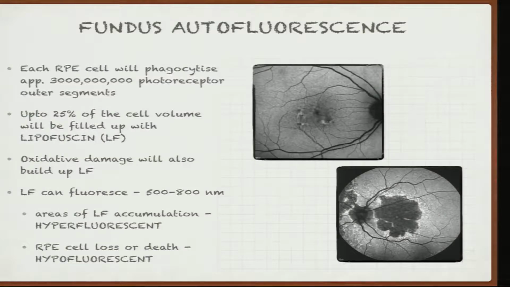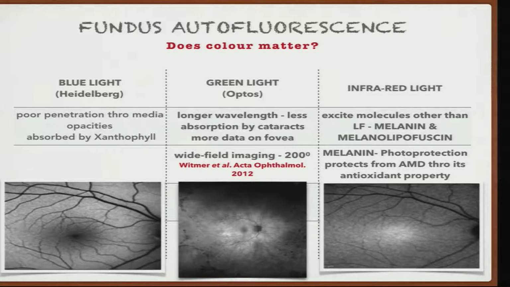Autofluorescence is basically lipofuscin accumulation in the photoreceptor damage, and you can see brighter areas where there's a lot of lipofuscin accumulation, and darker areas where the lipofuscin is absent or the RPE is lost. Of course, you can use different wavelengths to do the autofluorescence.